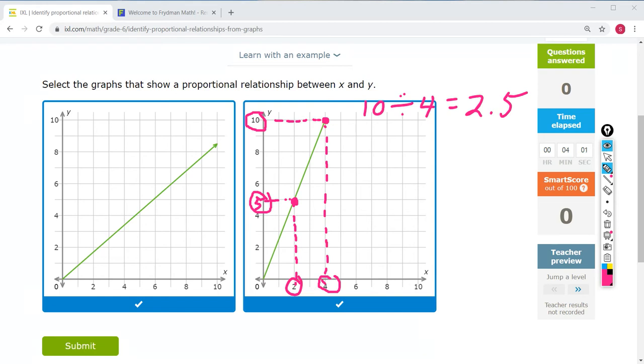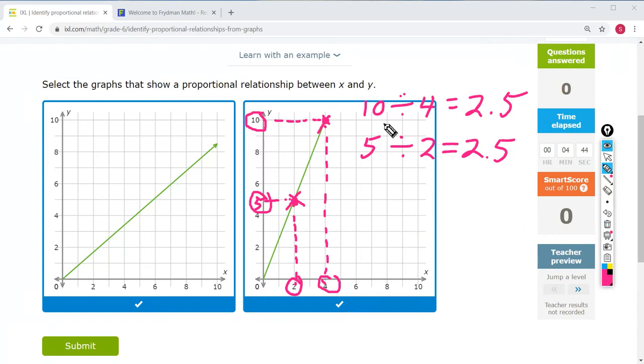And this over here, this 2, and we do 5 divided by 2, then that would also give us 2.5. So we can see that the ratio between whatever quantity is represented on the y-axis and whatever quantity is represented on the x-axis is always the same, no matter which 2 points we pick. We could pick any other point here, and if we were to divide the y value by the x value, we would get the same answer every time, showing that the ratios are in fact the same. So it does satisfy the definition of proportionality.